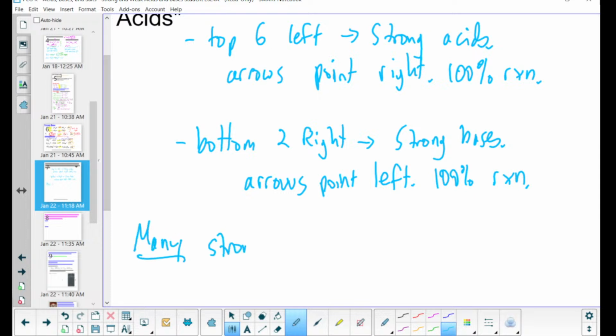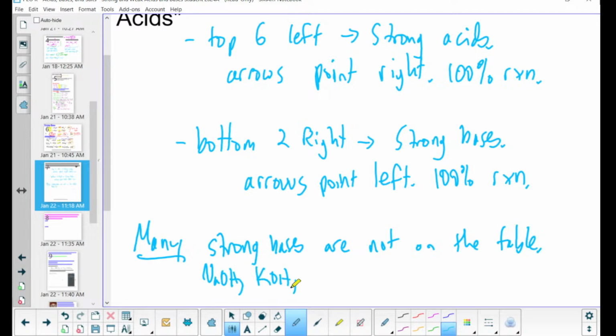Many strong bases are not on the table. And that's because there's solubility equations.